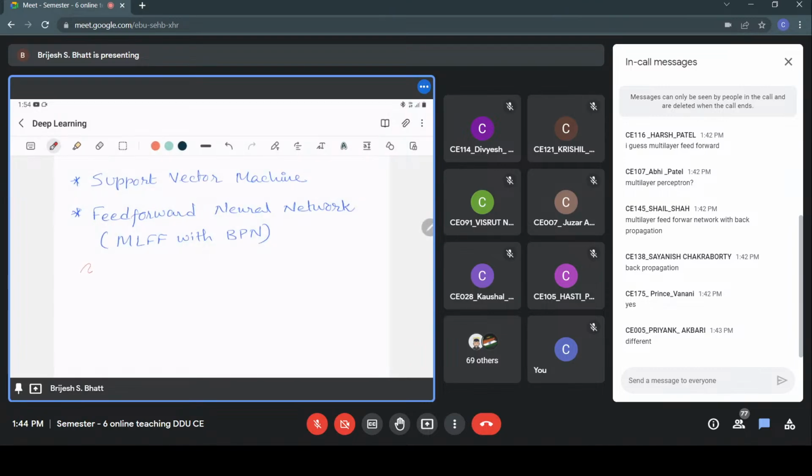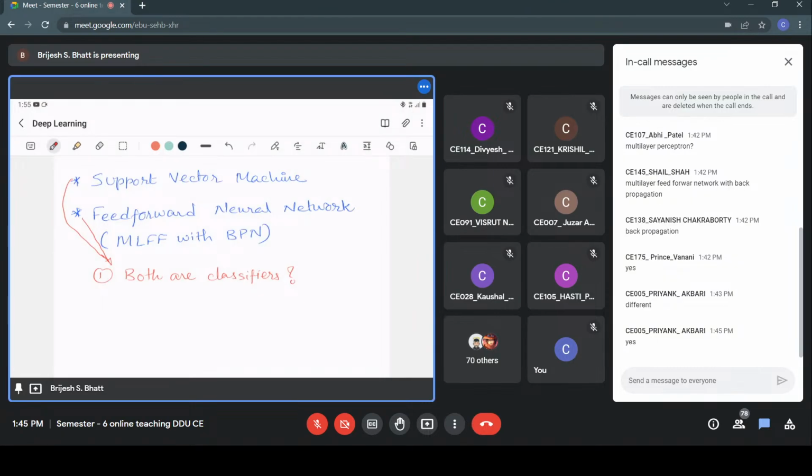So one is, both are classifiers, right? Both are classifiers.